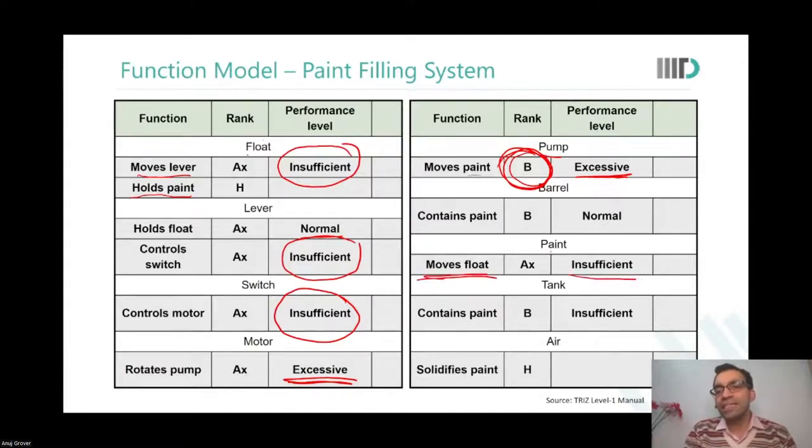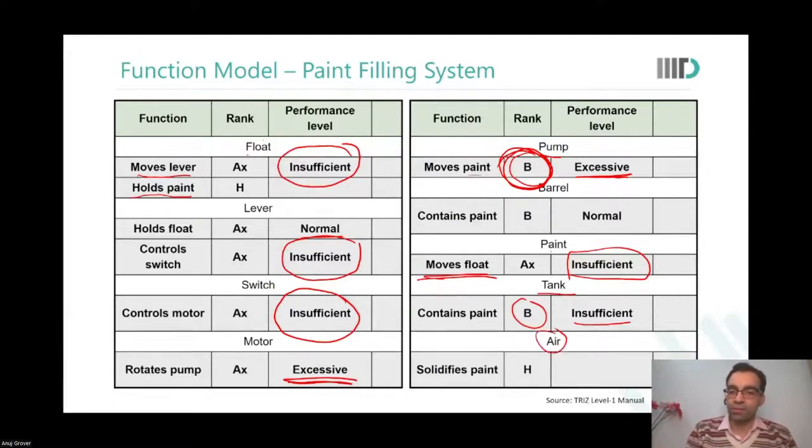But it is moving it insufficiently, because had it moved it sufficiently, the switch would have been turned off. Now, tank holds the paint or contains the paint. Again, it's a basic function, but it is being performed insufficiently, because of which there is a spillover happening.